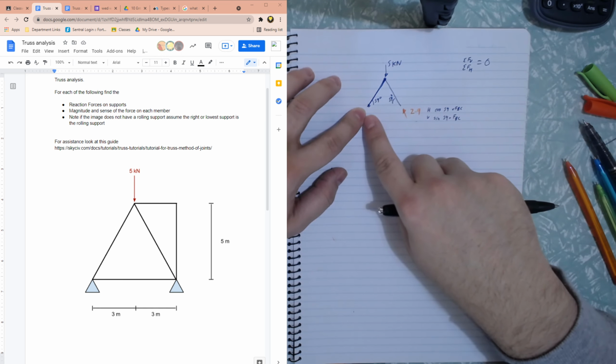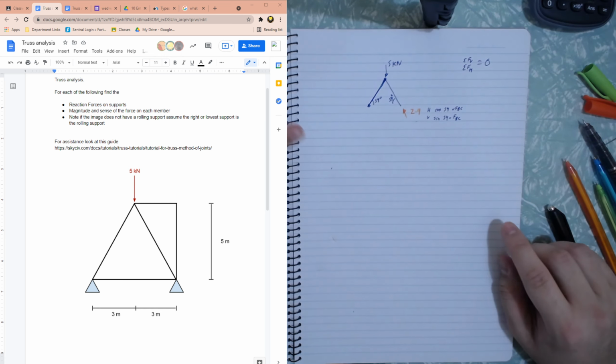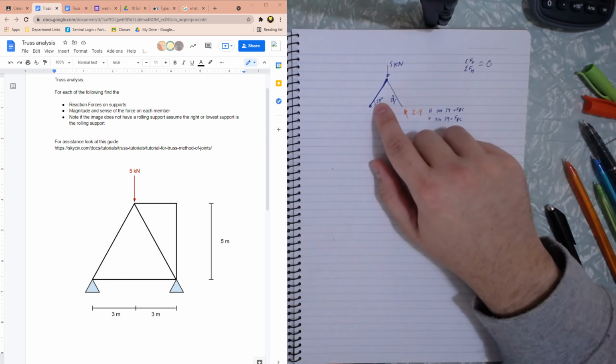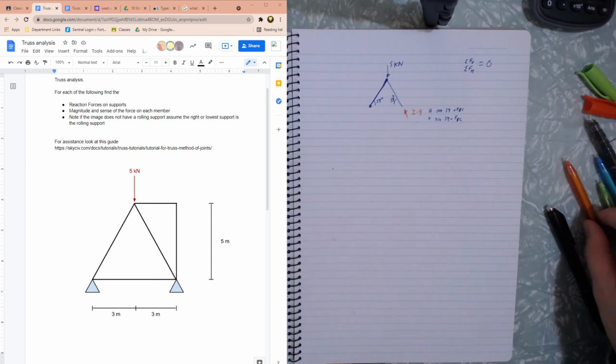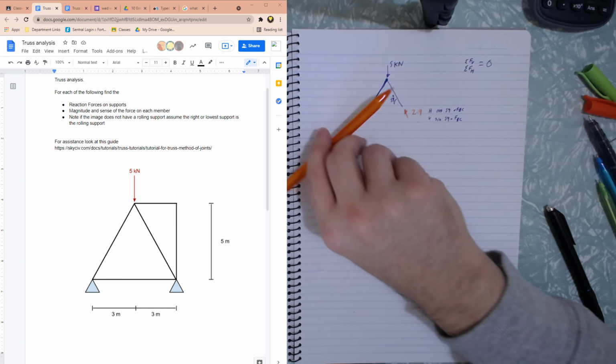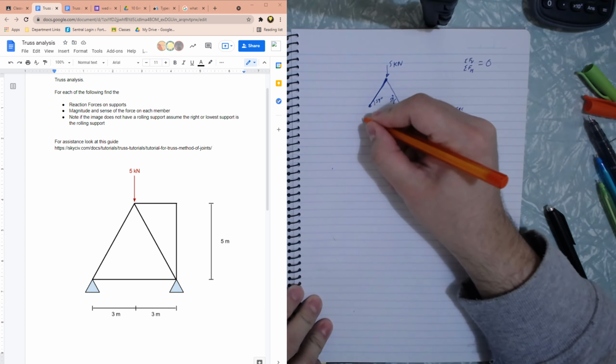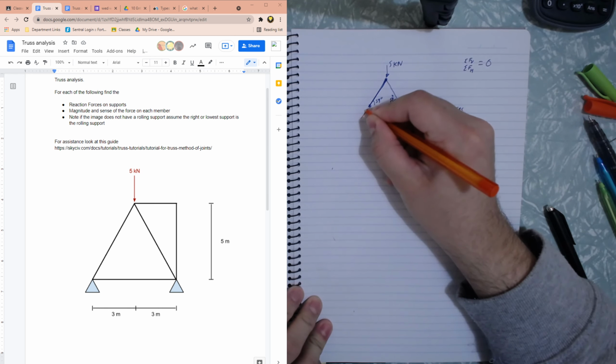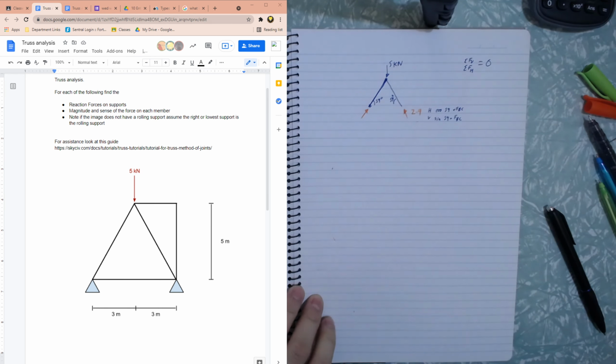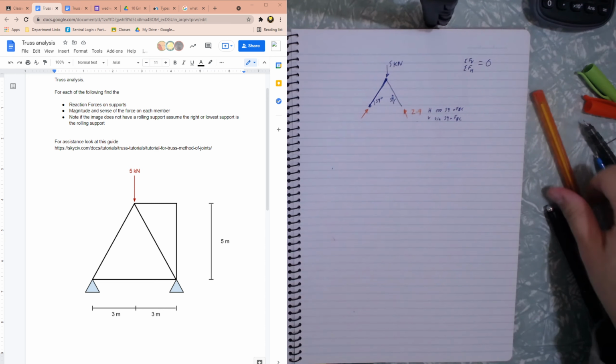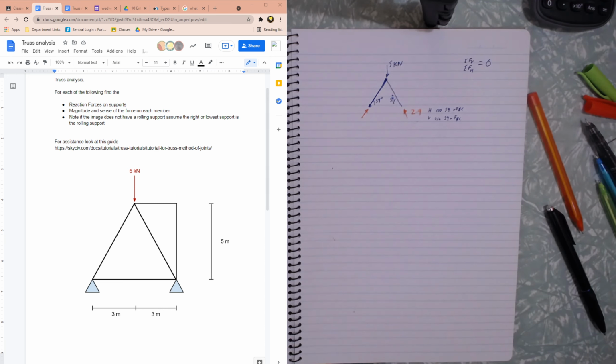So this one has to go towards the right. And looking at this member, the way it's angled, the only way this force can go to the right is if it's also going up. So it's going to end up being a force going in this direction. We can use some of our geometry to our advantage to solve these particular questions.